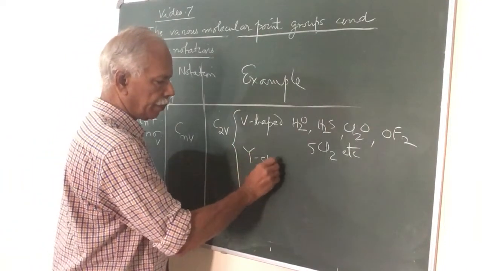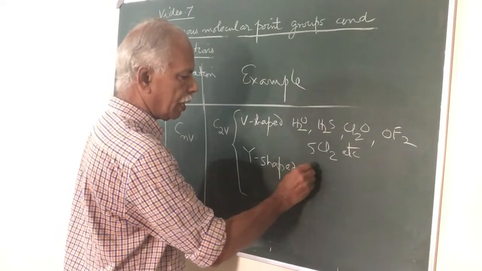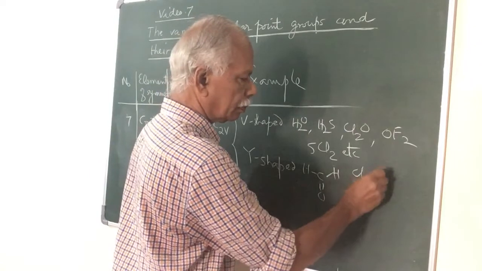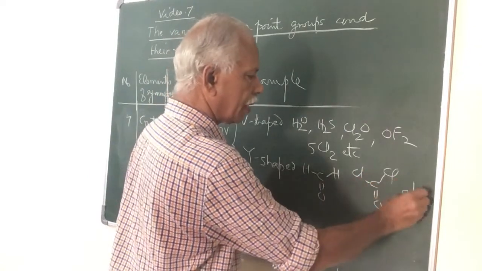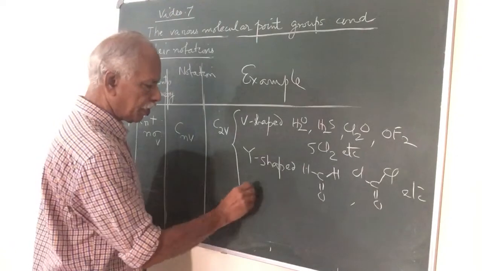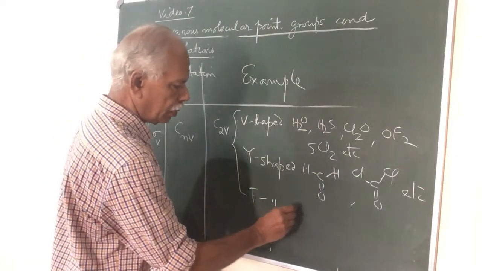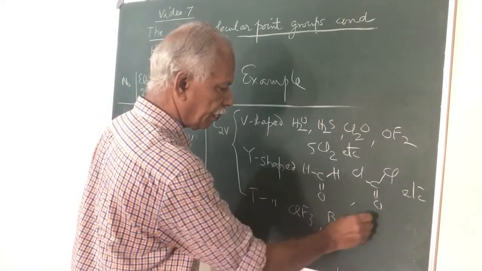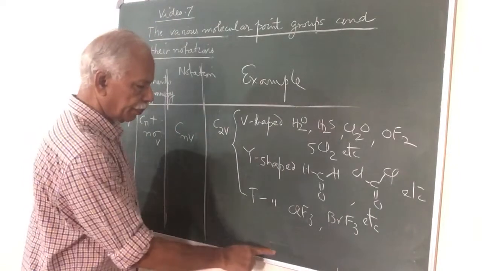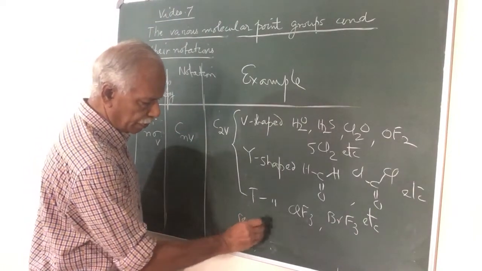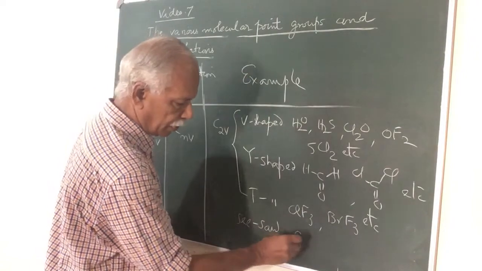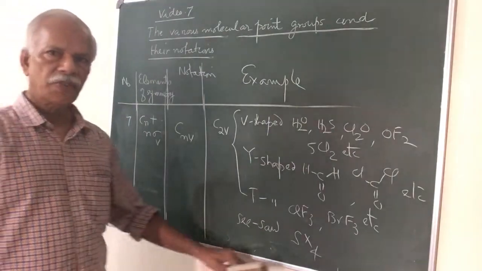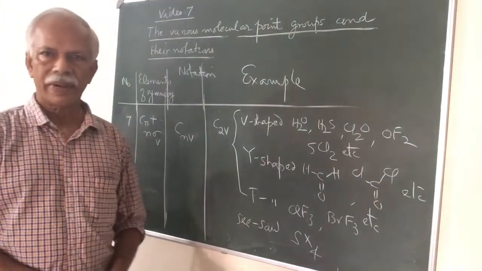Y-shaped like formaldehyde, carbonyl chloride, etc. T-shaped ClF3, BrF3, etc. Seesaw shaped, like sulfur tetrahalide, sulfur tetrachloride, sulfur tetrafluoride.